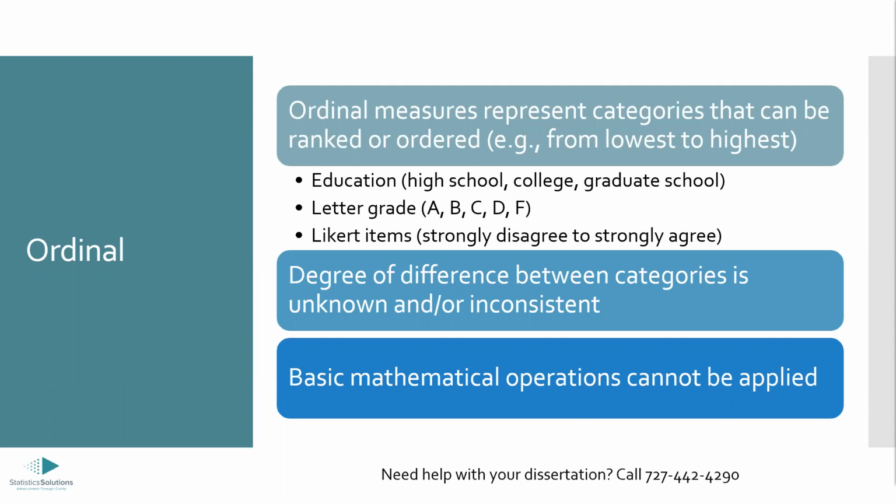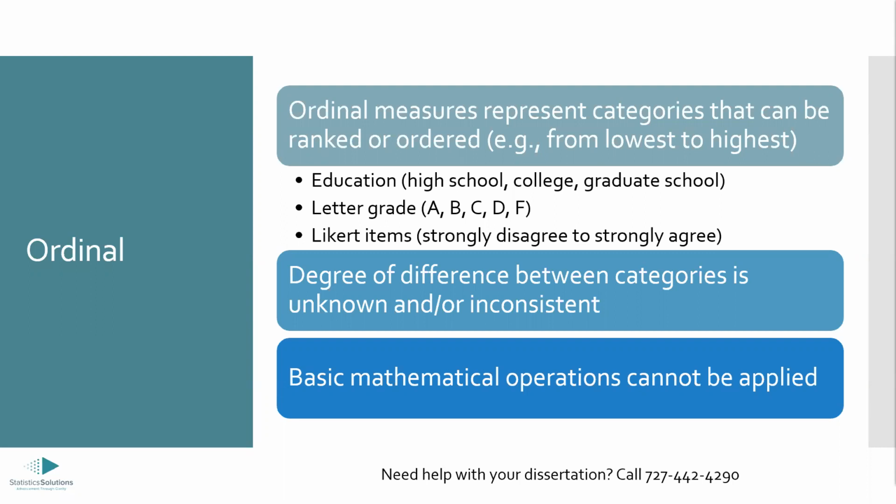Importantly, with ordinal data, and this is what really differentiates it from ratio or interval data, the degree of difference between categories is unknown or inconsistent or both. We can think of this in terms of education.